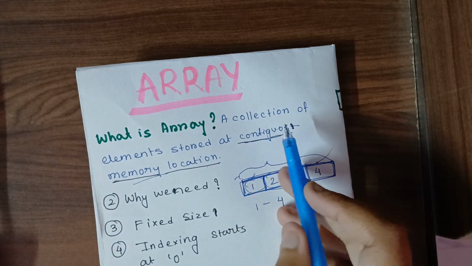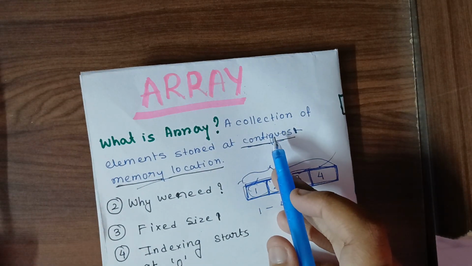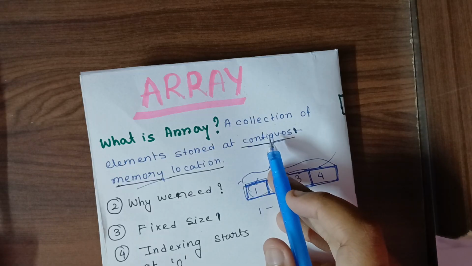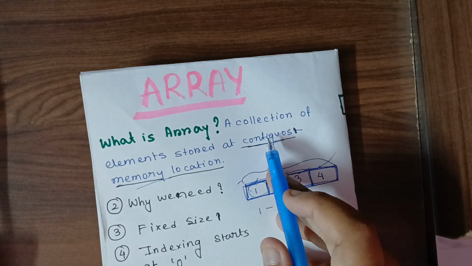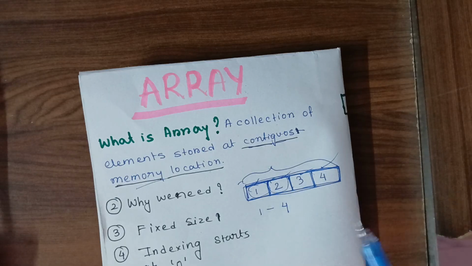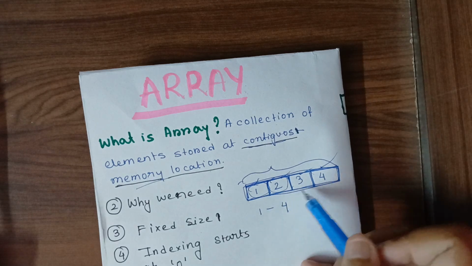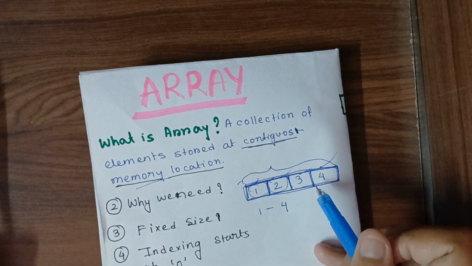Now, what is the need of this array? We need an array to store elements which are of the same type. Means we can store integers. If we store integers, we need to store all integers in these slots.